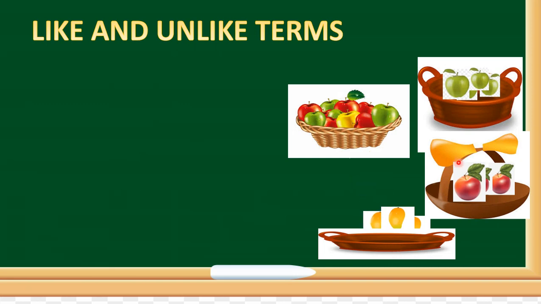So you arranged all three baskets with the same fruit. Here it is the mango, here it is the red apple and here it is the green apple. So as you separated the fruits, though they are all fruits, you separated them according to their names. In the same way we have to separate the terms also.